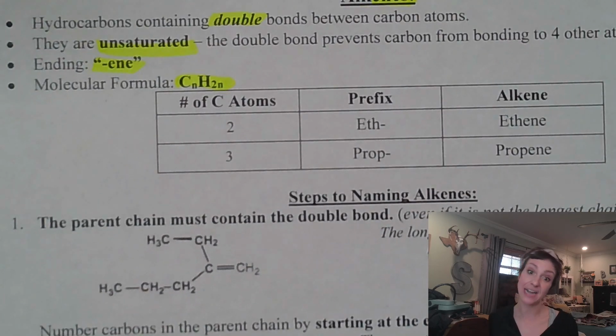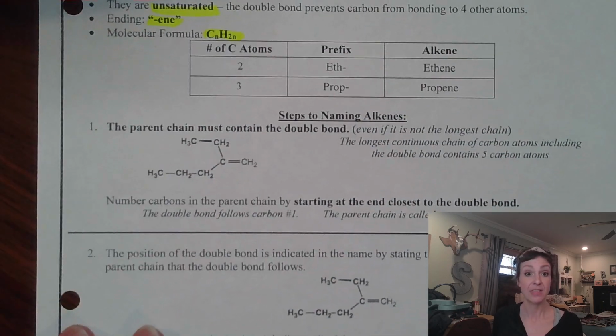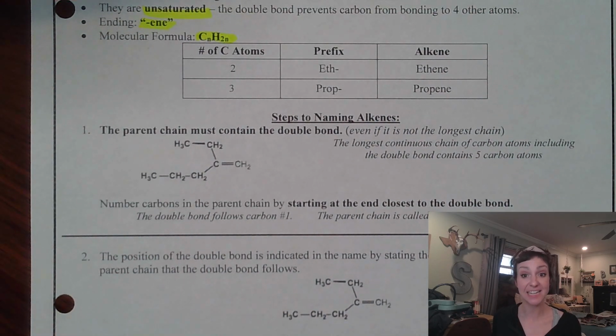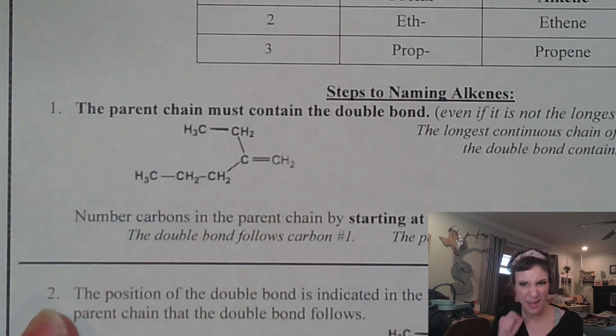Okay, so now let's do steps for naming alkenes. It says the parent chain must contain the double bond, even if it is not the longest chain in that hydrocarbon. So let's look at what we got going on here. I got this guy right here, and we know we like to find that parent chain, right?